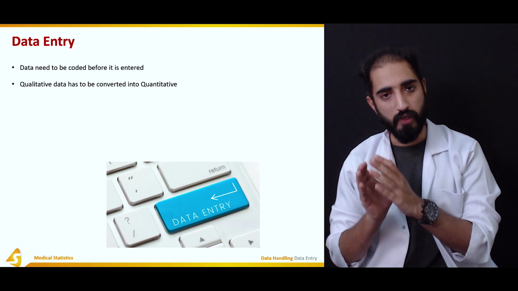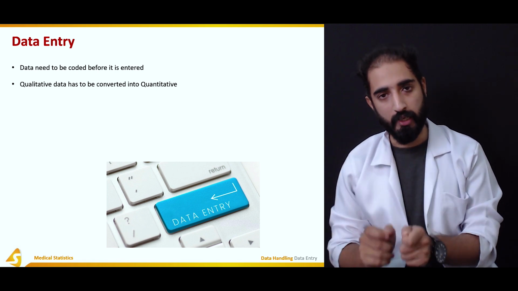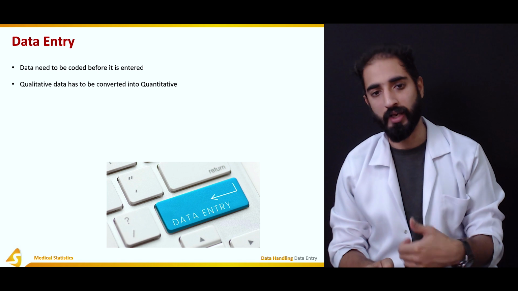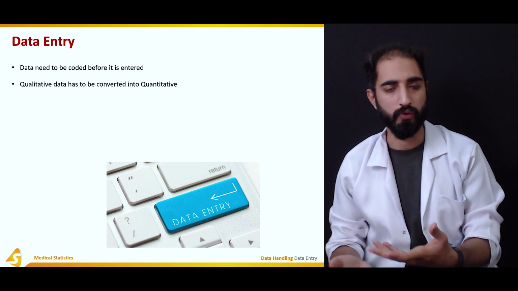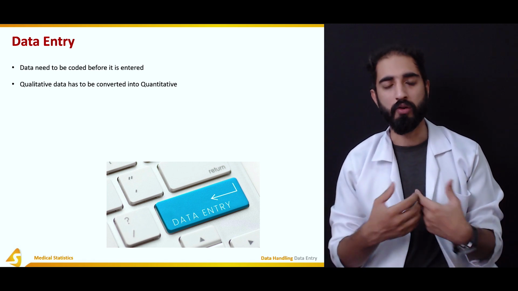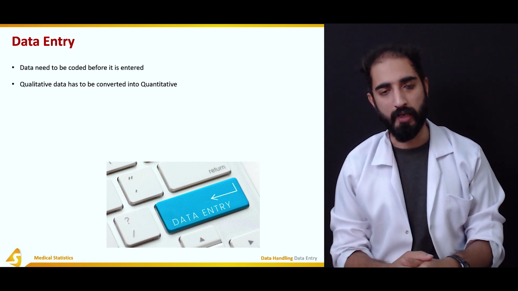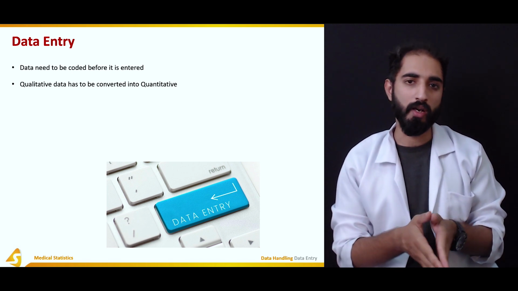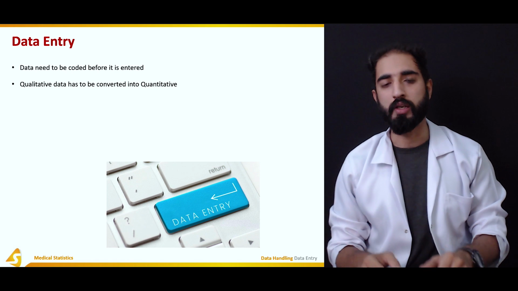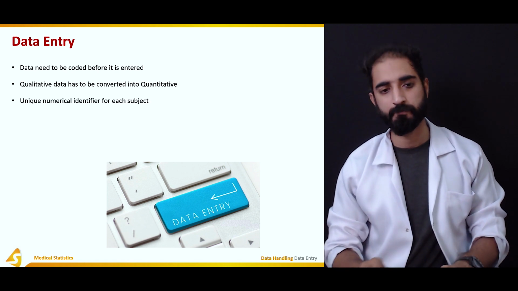So we give specific labels to each response, such as 1 to male and 2 to female, or 0 to male and 1 to female, depending on our coding that we decided at the level of data collection. So that is very important, and now we are converting the qualitative data into quantitative data.